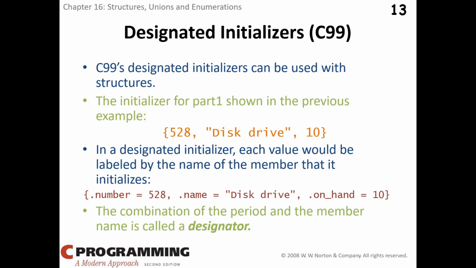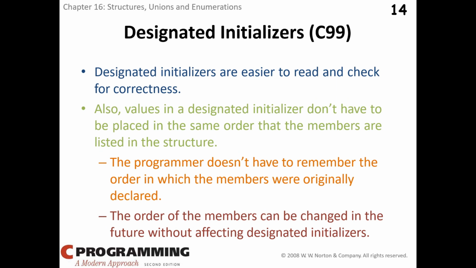Designated initializers provide a clear and explicit way to initialize structure members, especially when we're dealing with structures that have many members or when the order of the members is not intuitive. One significant advantage of designated initializers is that they enhance readability and the ease of checking for correctness.